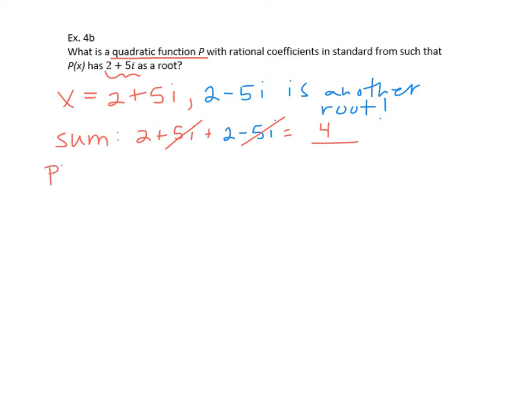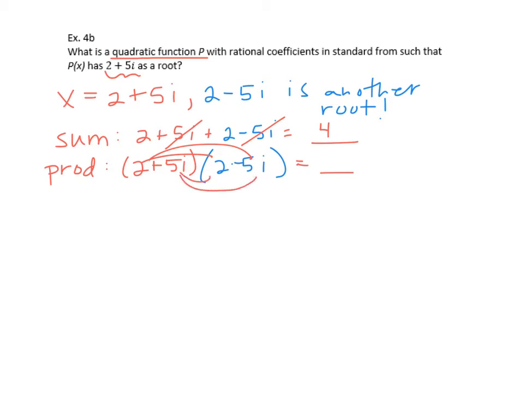The product will require you to FOIL 2 plus 5i times 2 minus 5i. To get the product, if we do first, outside, inside, last, 2 times 2 is 4. 2 times negative 5i is negative 10i. But on the inside, 5i times 2 is positive 10i.